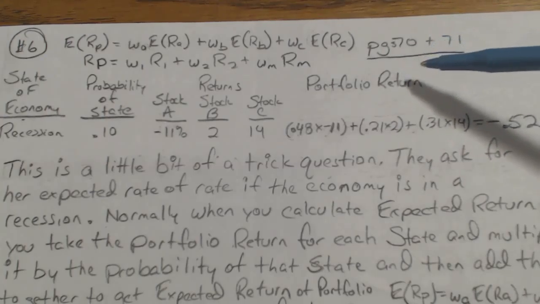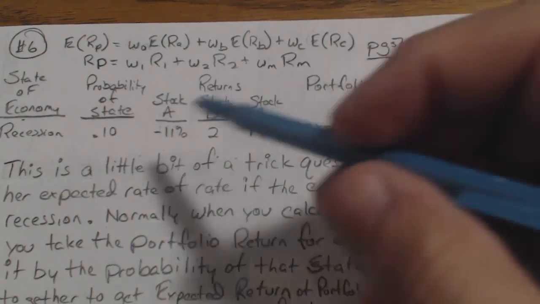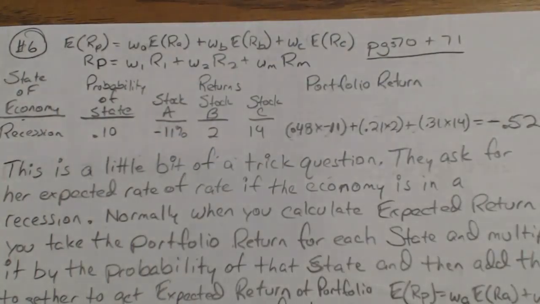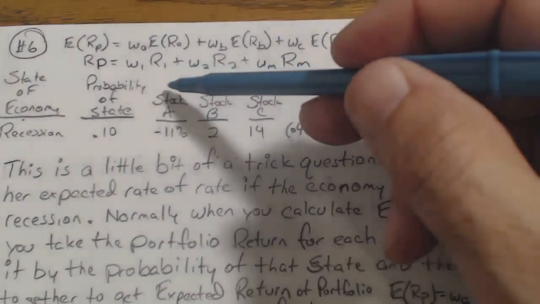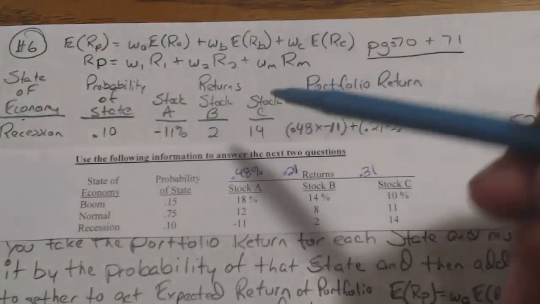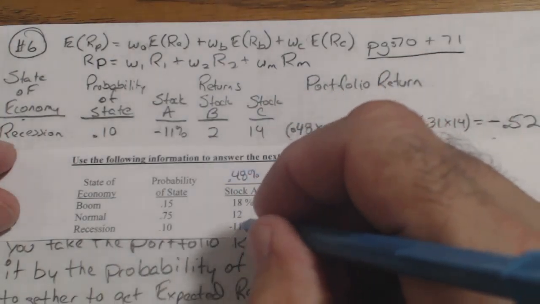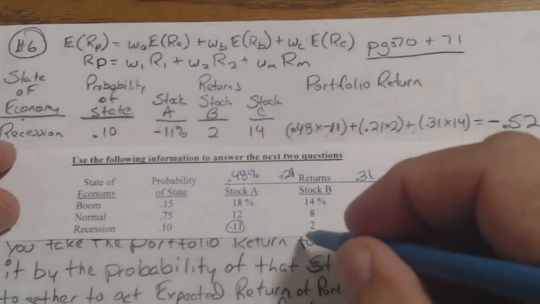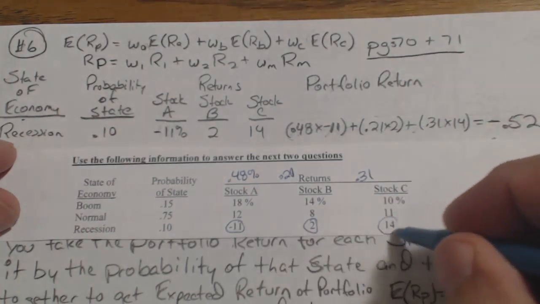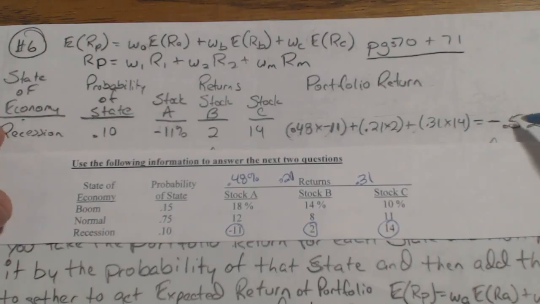But in this case, since there is no probability, you're just considering that it's in recession, you just take the weight of 48% times, let's just put this back up, 0.48 times, now we're just doing recession, so 0.48 times negative 11, 0.21 times 2, 0.31 times 14, you add those all together, and you get negative 0.52%.